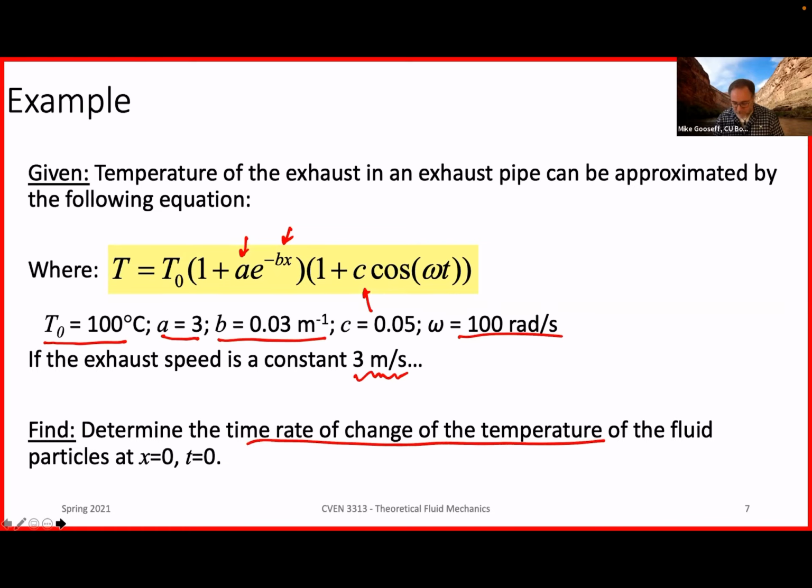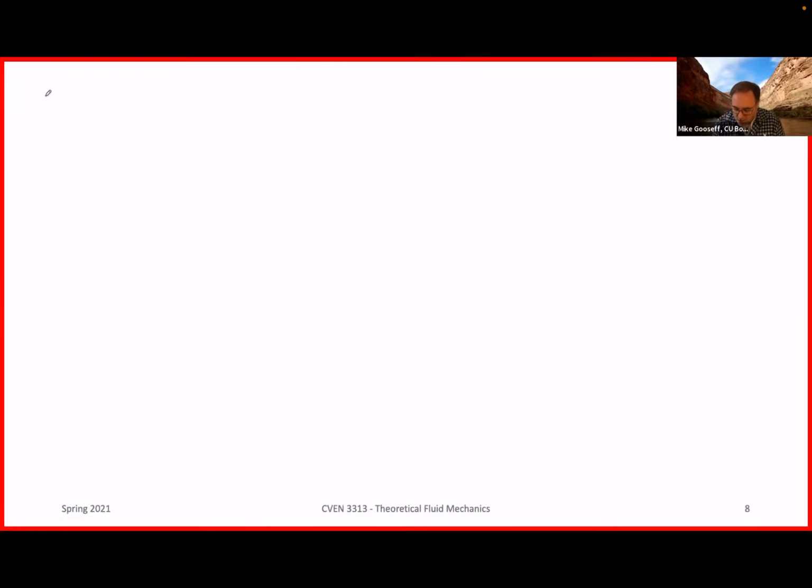Okay. So let's start with our new best friend here, the material derivative. Oops, okay, I goofed it up right off the bat. That should be in the denominator.